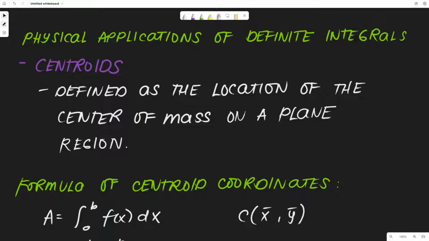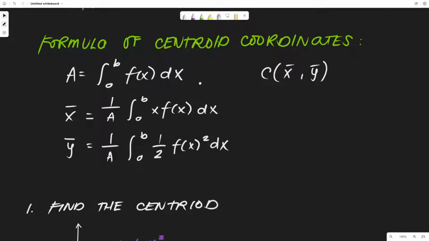Okay? So, the formula for getting the coordinates of the centroid, remember it is a location, a point in the plane. We have the area, which we know is the integral of f of x dx evaluated from a to b. Then the x coordinate of the centroid, represented by x bar, is 1 over A multiplied by the integral of x f of x dx from a to b.